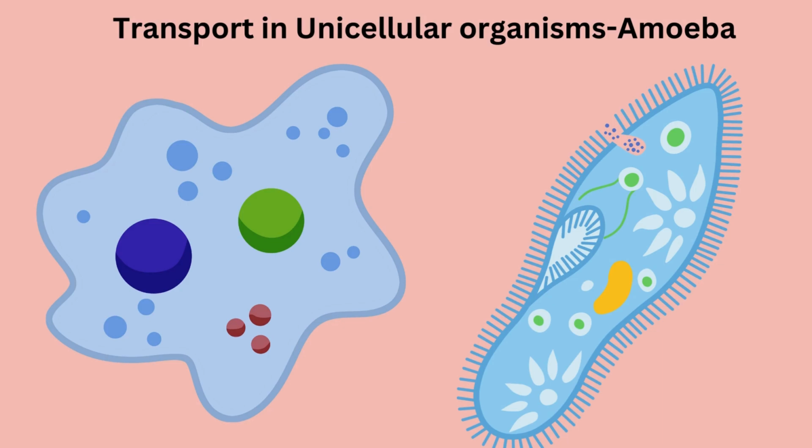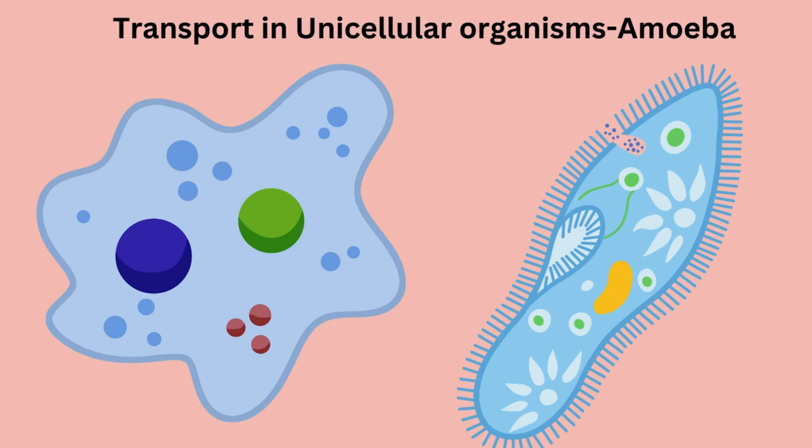In unicellular organisms like amoeba, the continuous streaming movement of the cytoplasm circulates materials within the one cell body. For example, in amoeba, which changes its shape, the cytoplasmic streams move from the rear to the front of the organism along with the direction of its movement.